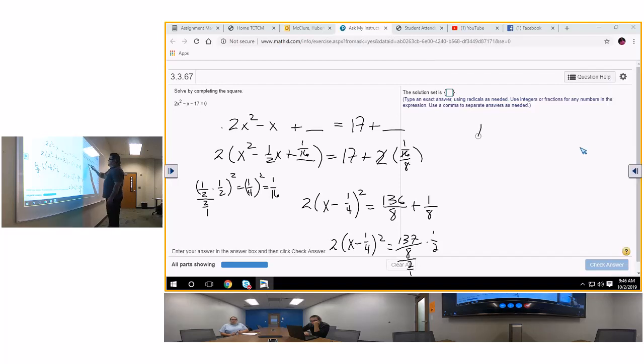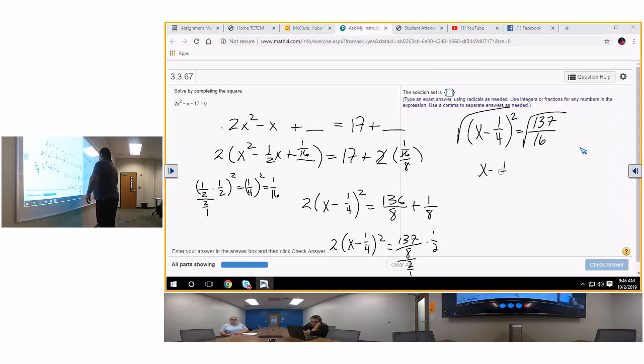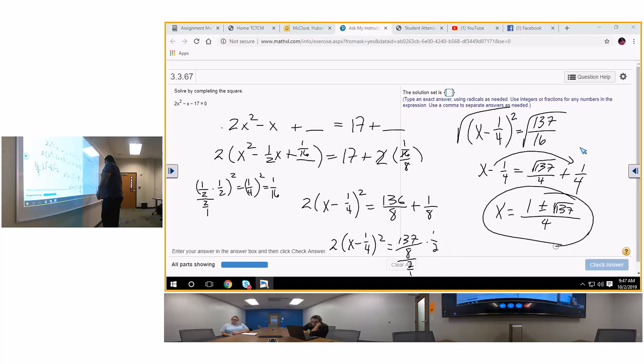So that gives us x minus 1/4 quantity squared is equal to 137 over 16. And that makes a perfect square, that's very nice. So x minus 1/4 is equal to the square root of 137 over 4, plus 1/4. And that's going to give x is equal to 1 plus or minus the square root of 137 over 4.